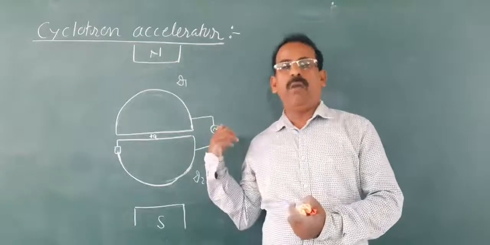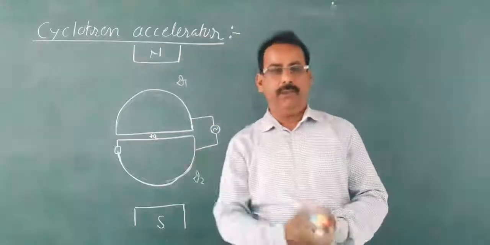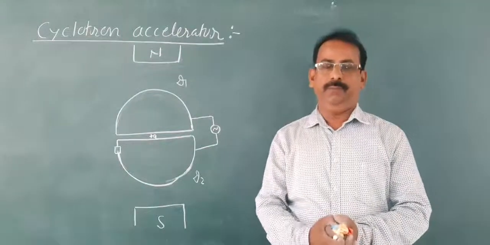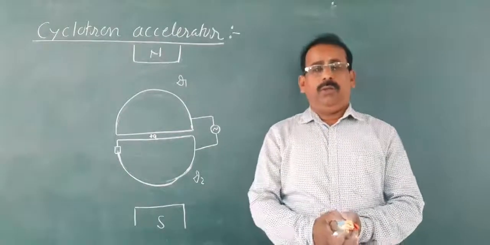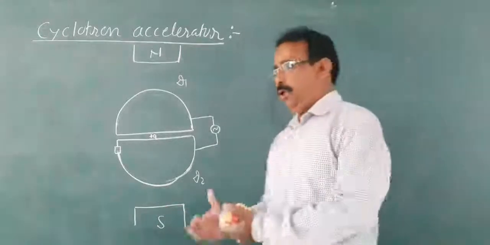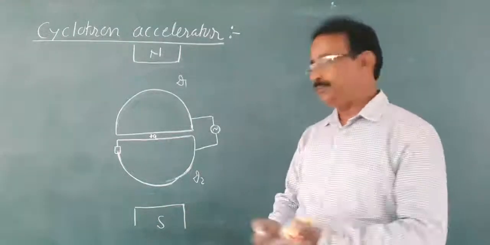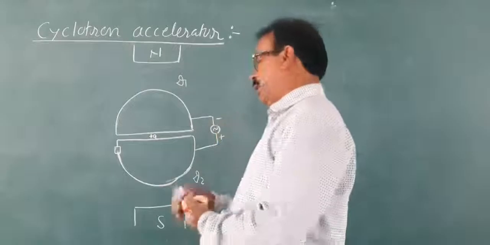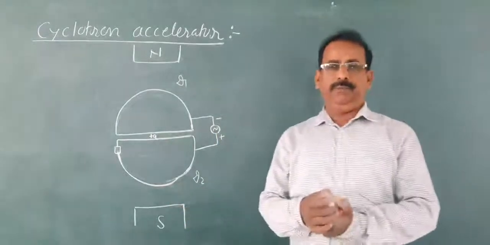And now apply alternating electric field, so that in the beginning, this end gets positive polarity and this end gets negative polarity.